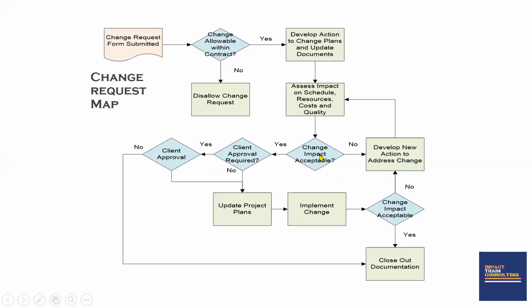Now, if you like the impact, you also need to check if you will require the donor approval before you make those changes on the scope of the project. If you require donor approval, you go and seek the donor's approval. If you don't, you go back to update your plans, implement changes, and close out documentation.